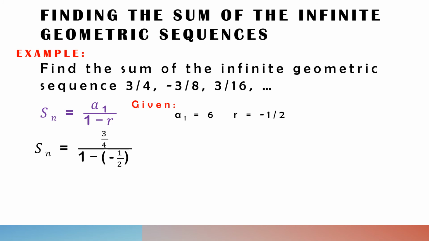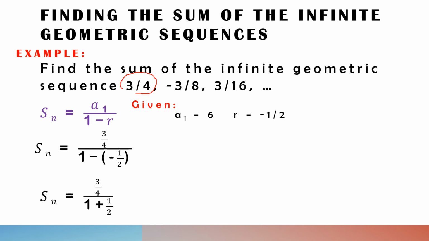Okay, so we substitute: a sub 1 is 3/4, while the r is -1/2. So we have 1 minus -1/2. Negative times negative turns to be positive. So 3/4 over 1 plus 1/2.